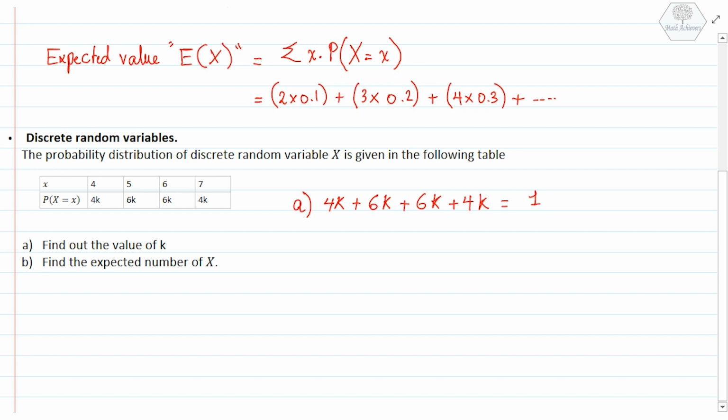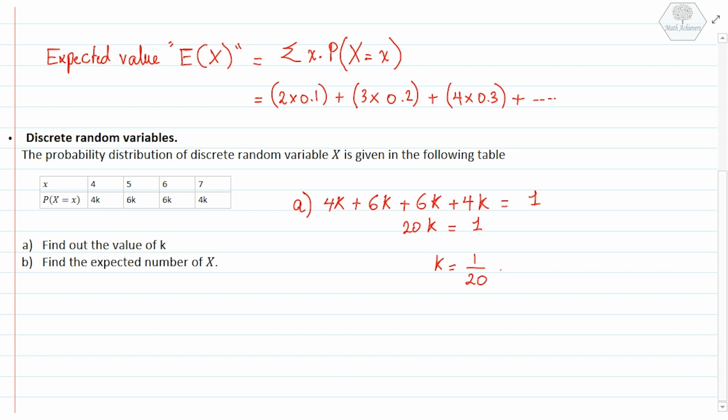We need to add up the k's, so I have 6 plus 6 is 12, and 4 plus 4, I have 20k equal to 1. To find k, I simply divide by 20. So now the value of k is 1 over 20.